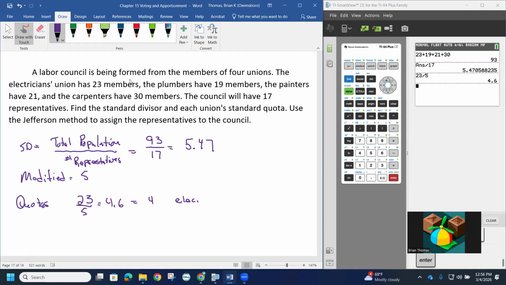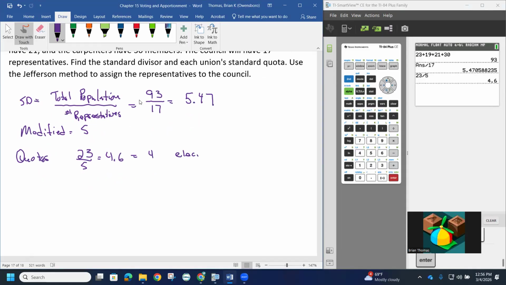The plumbers had 19. So 19 divided by 5 gives us 3.8, which rounds down to 3. So the plumbers would have 3 representatives.